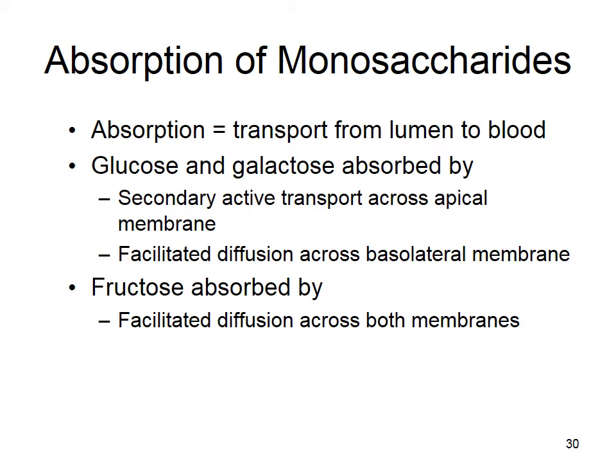And then facilitated diffusion across the basolateral membrane. And we'll look at it again, but it's exactly the same as how glucose got reabsorbed from those proximal tubule cells. Same transporters. Okay, fructose gets transported by facilitated diffusion across both the apical and basolateral membrane, which we didn't talk about when we talked about kidneys.